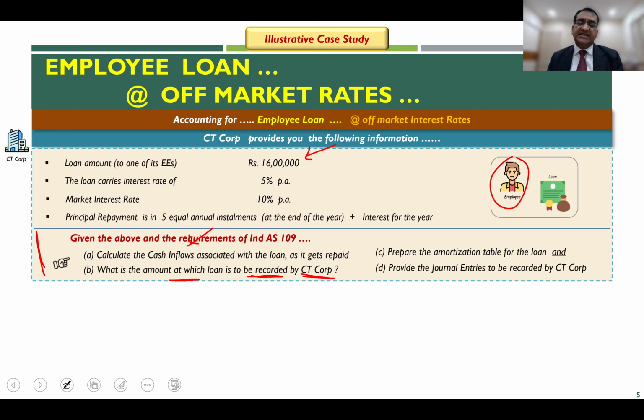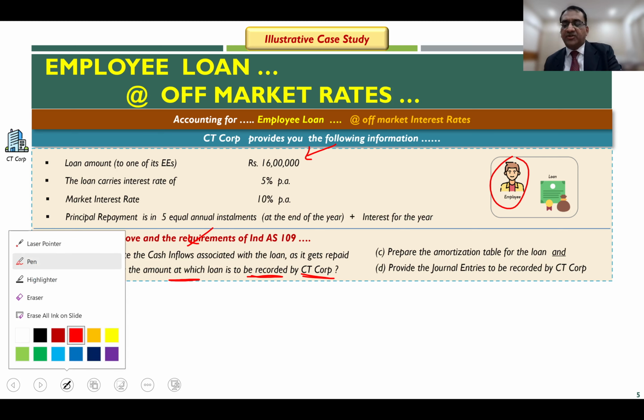We will see that the recording of the loan will not be at 16 lakhs, but at a different amount. How that amount is calculated, what is the logic, and how we go about it is something we will also look at.